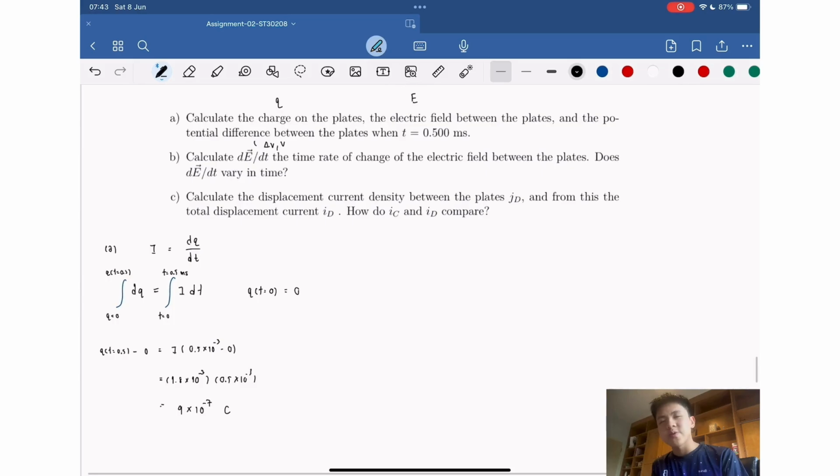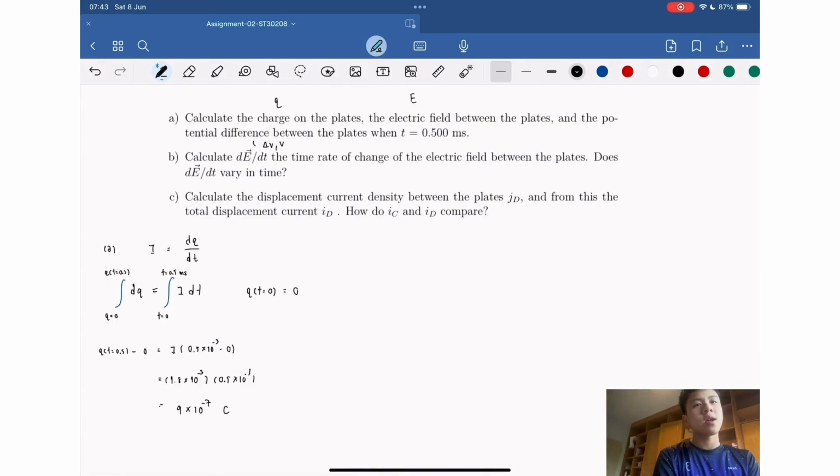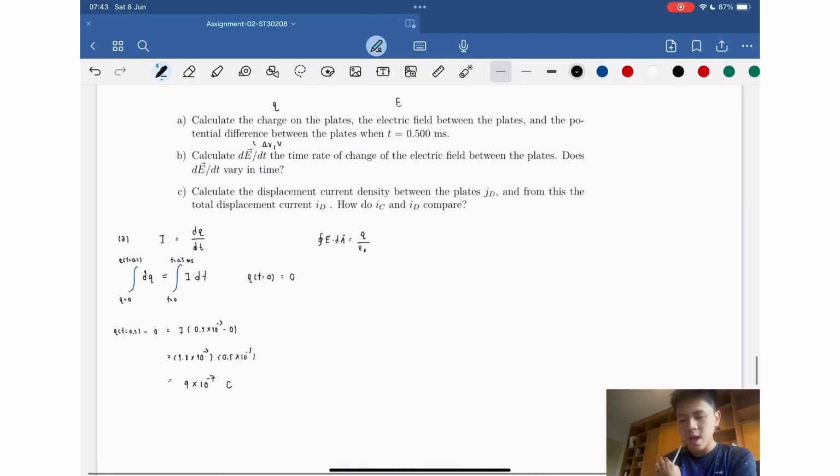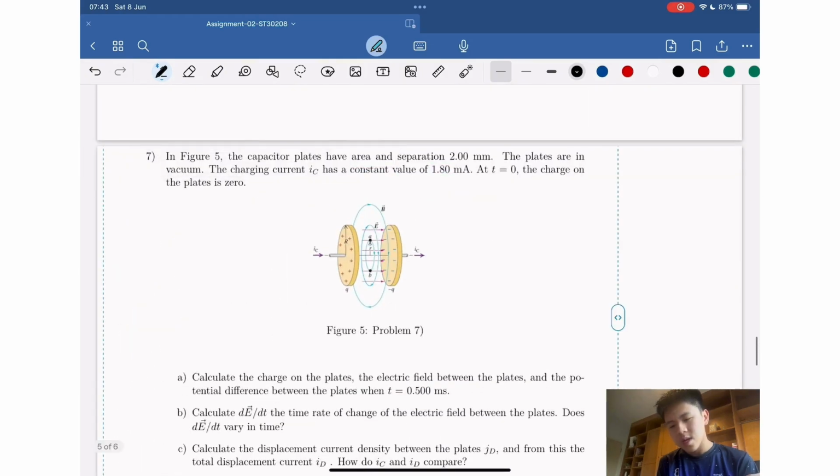Next, we want to find the electric field, and I think we need to use Gauss's law. So from Gauss, the integral of E dA is equal to Q over epsilon 0. The question said it has an area, but they didn't say the value of that.